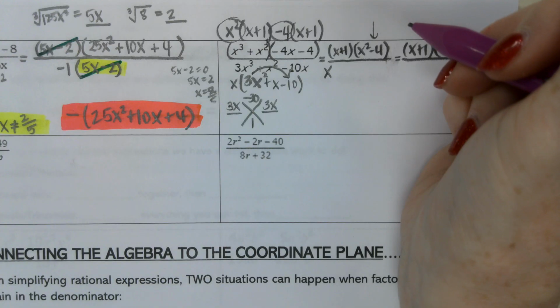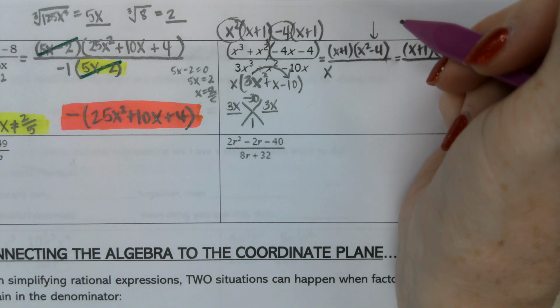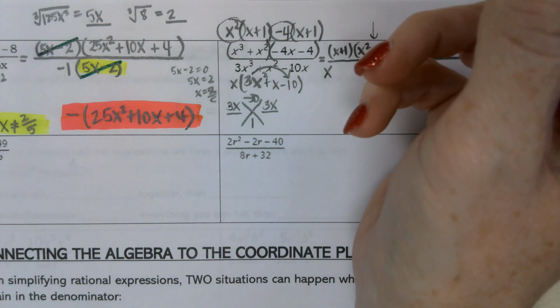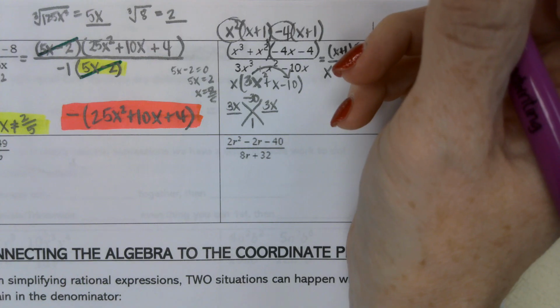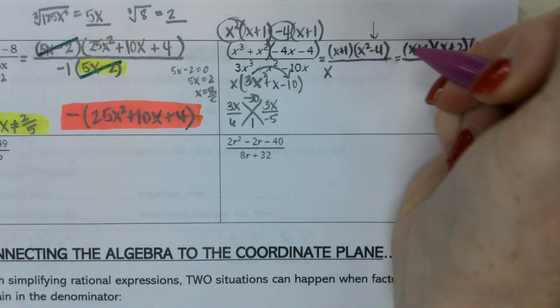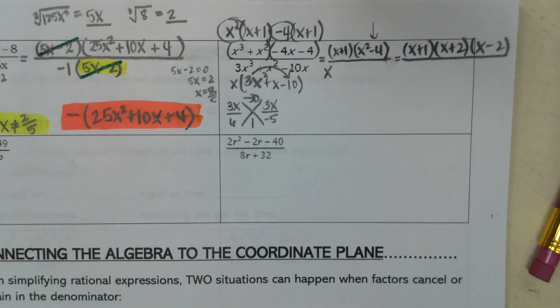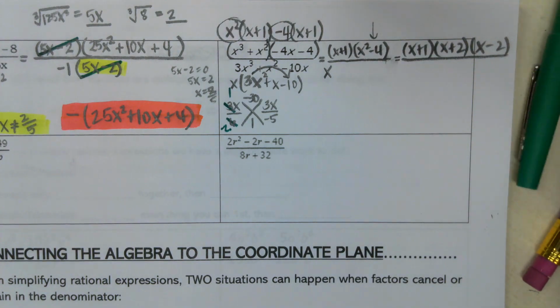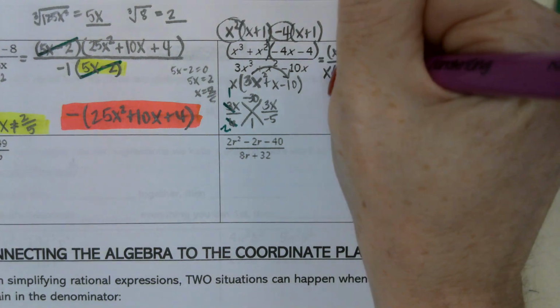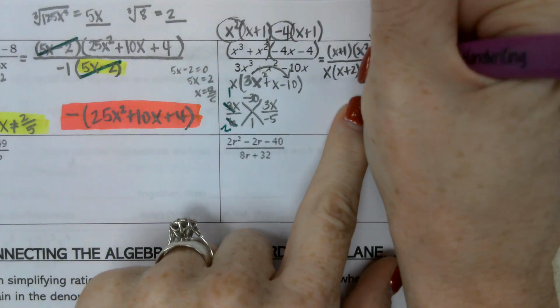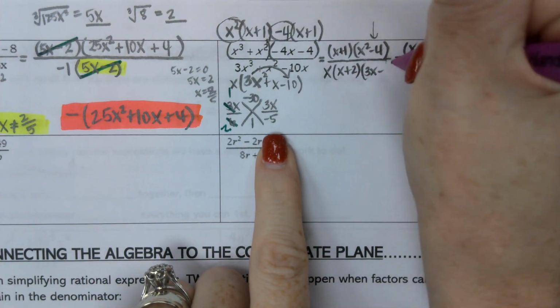So I'm going to get that set up. Let's think about the factors of negative 30. What two numbers multiply to give me negative 30, add to give me 1? Positive 6, negative 5. Now, the 3 over 6 becomes 1 over 2. So that's x plus 2. And then I have 3x minus 5.